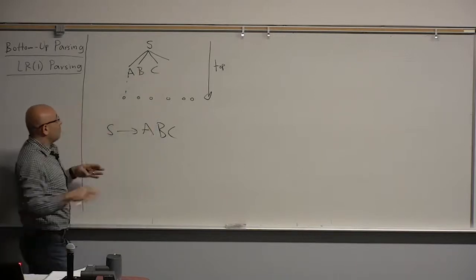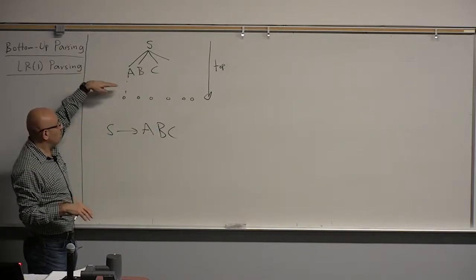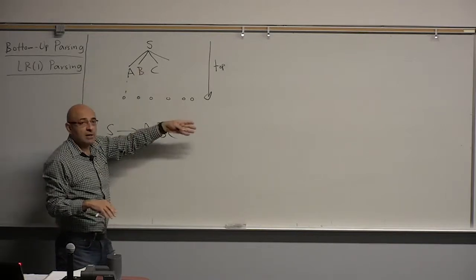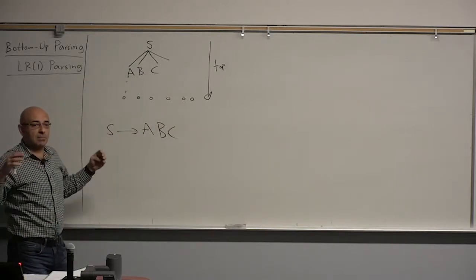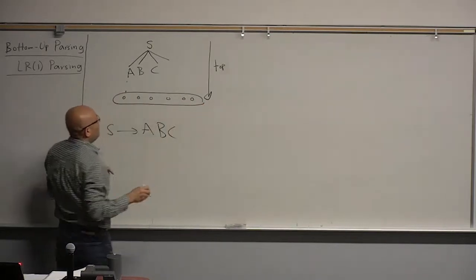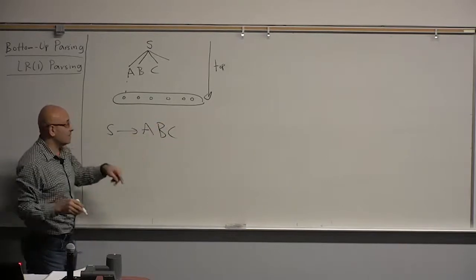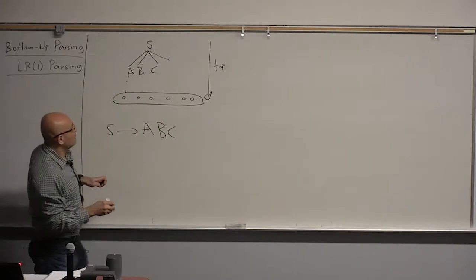So most of the substitutions that you are making when you are going down the tree are going to be expansions. You are increasing the number of symbols until you get to the leaves of the tree, and the leaves are the actual terminals. So this is the actual string. So this is top-down.